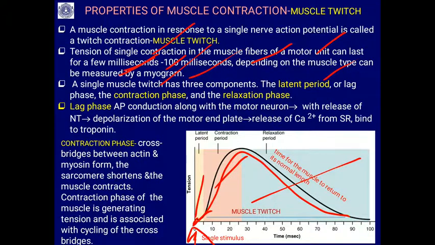In this lag phase calcium is released from the sarcoplasmic reticulum and binds troponin. Next, in the contraction phase, cross bridges make contact with the actin, pulling the actin towards the center, so the sarcomere shortens. Then the relaxation period is the time for the muscle to return to normal. This is one complete contraction, one muscle twitch.